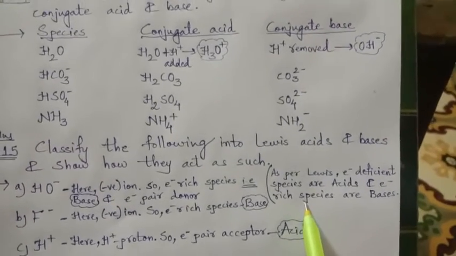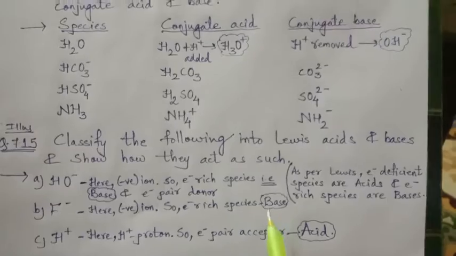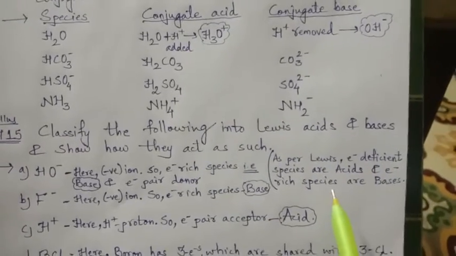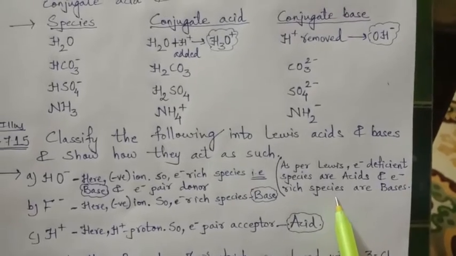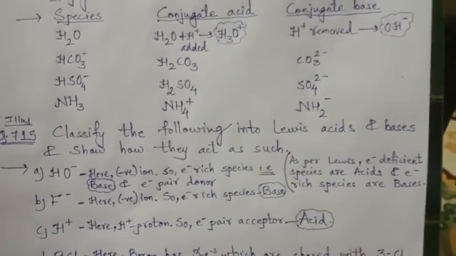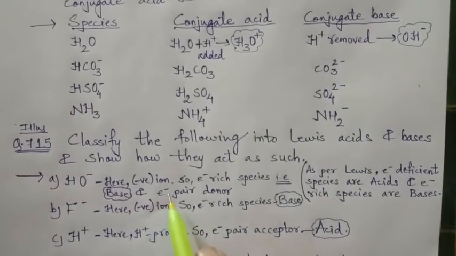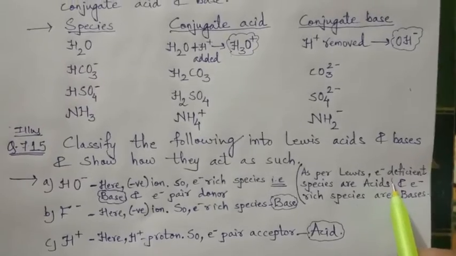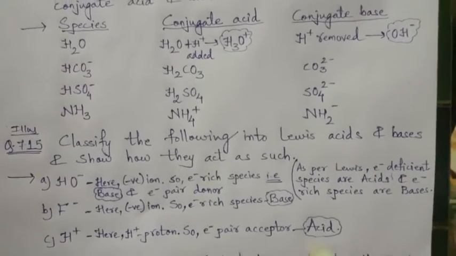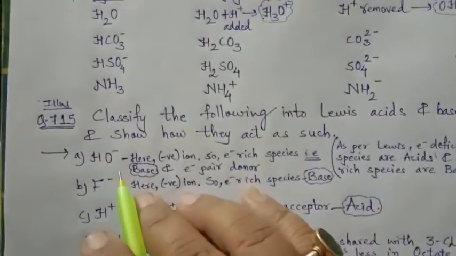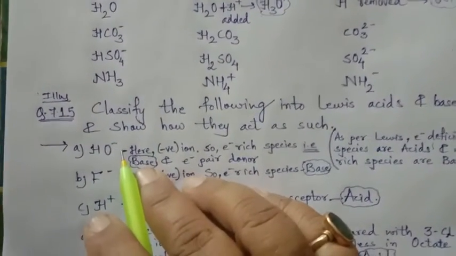So as per Lewis, we have to see what the acids and bases are: electron deficient means in need of electrons, and electron rich means having extra electrons. The very first example is HO minus.